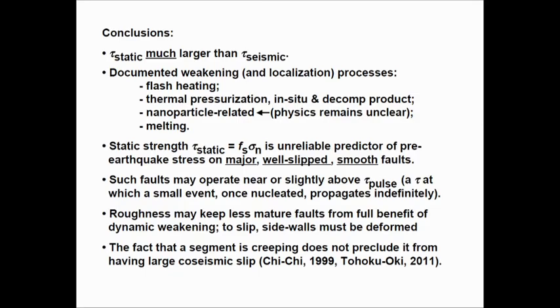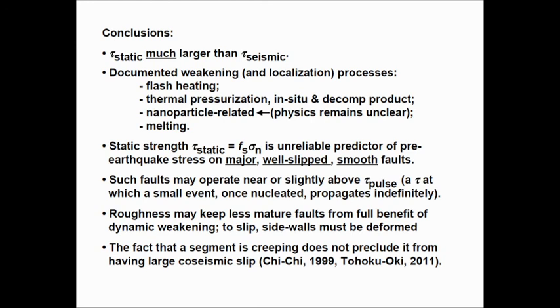So just to summarize, the static friction coefficient of a fault is much larger than what it sustains during a seismic event. There are documented weakening and localization processes: flash heating, thermal pressurization, in situ plus decomposition product related. There is a still mysterious nanoparticle weakening, and if these all don't keep the temperatures from reaching melting, finally you melt.